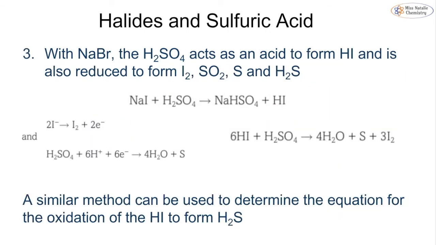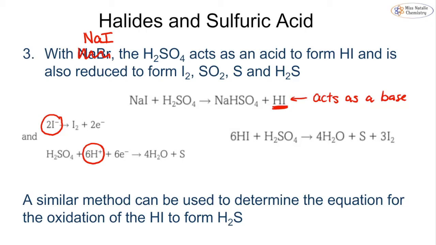Now we see a similar thing with the sodium iodide, and in this case we get the H2SO4 acting as an acid here with the iodide forming my HI, and then this hydrogen iodide can then undergo a redox reaction, so breaking down into the iodine and the hydrogen, and we can form our SO2, our sulfur, and our H2S product. So this is always going to be the reaction of the iodide.